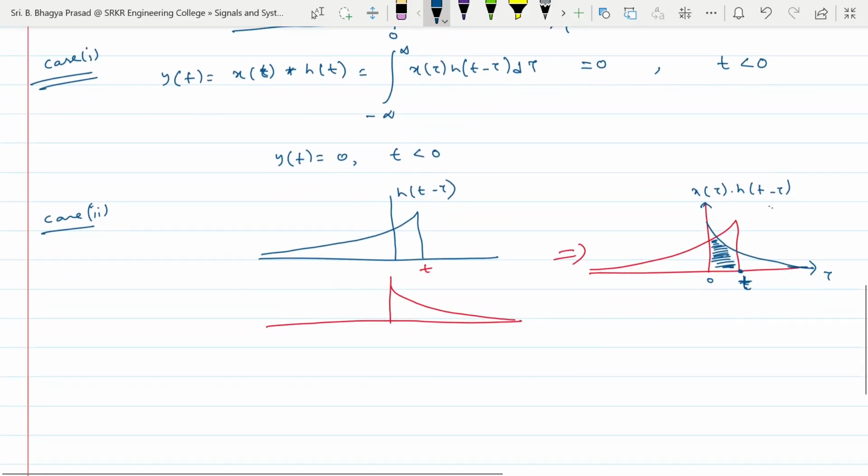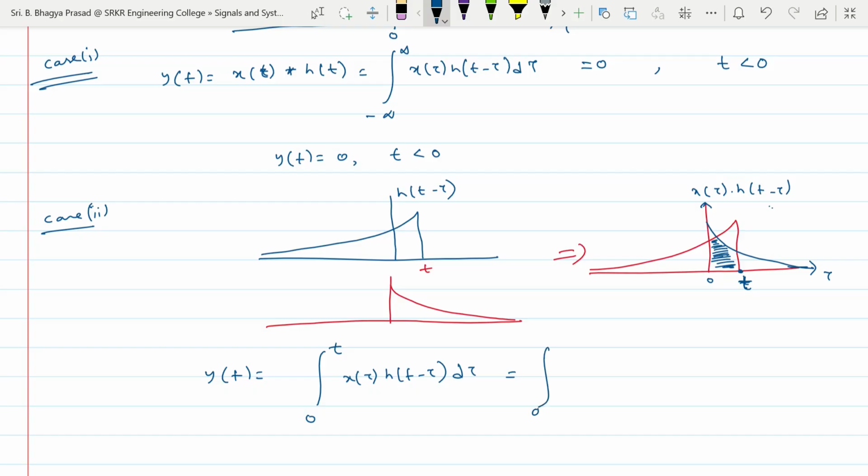So this will be moving towards tau equal to plus infinity. So your product y of t will be the integral with limits of integration 0 to t of x of tau h of t minus tau d tau.